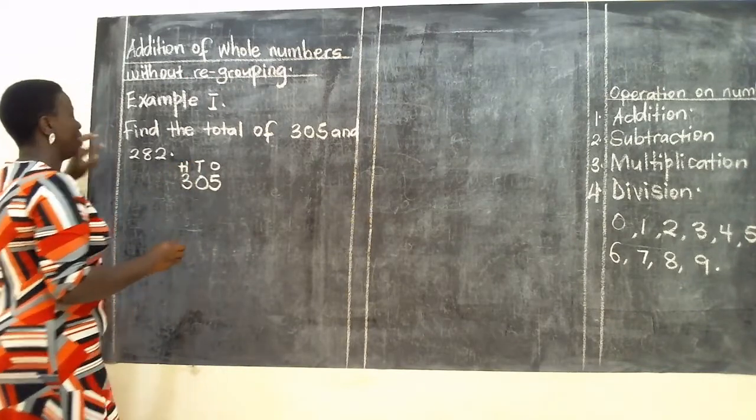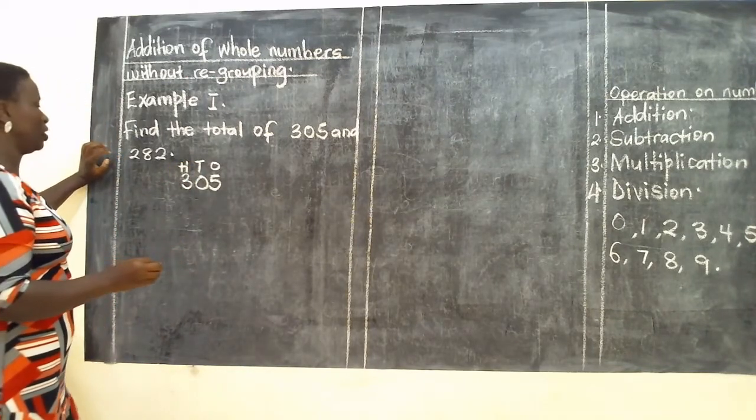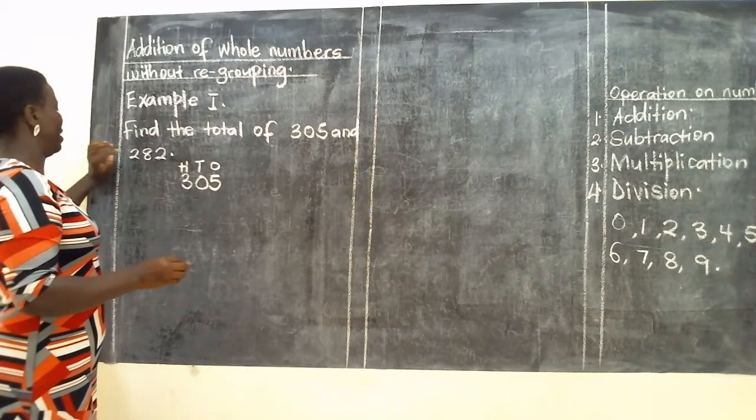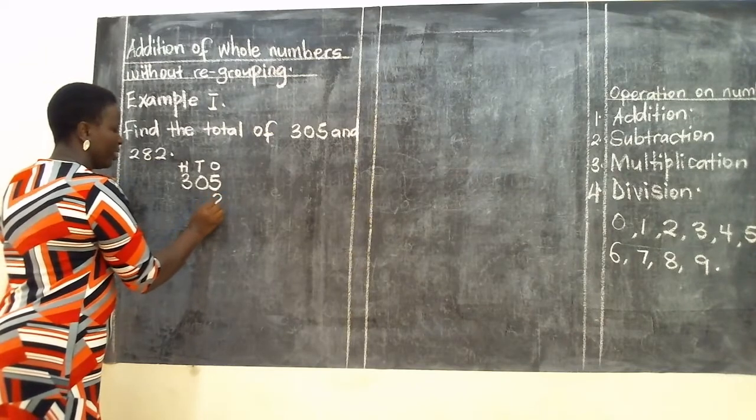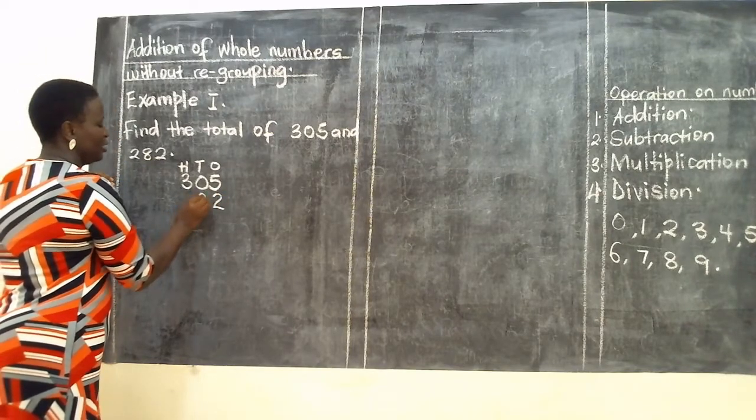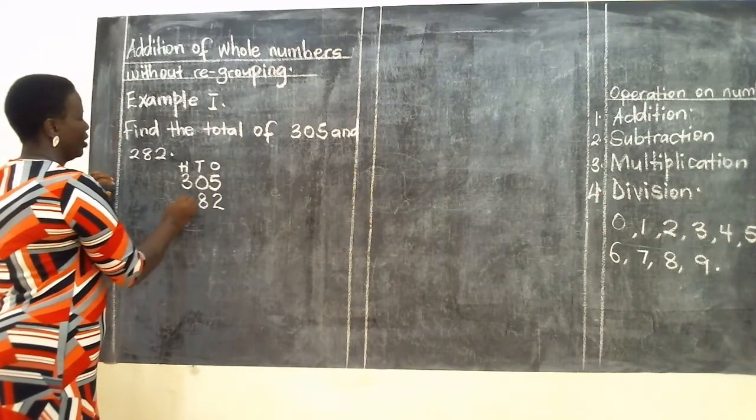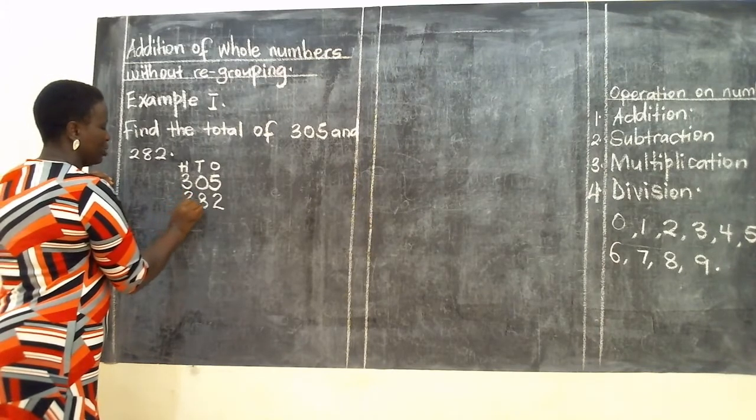So we are going to add 282. In 282, this last 2 is in the ones place value, 8 is in the tens place value, and 2 is in the hundreds place value.